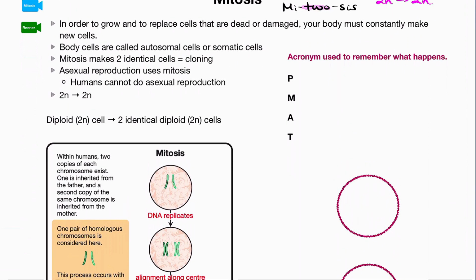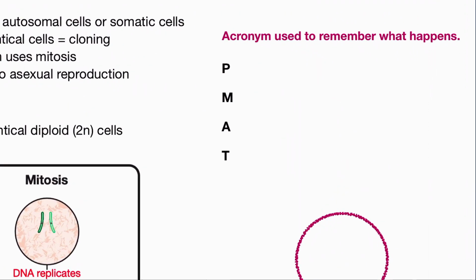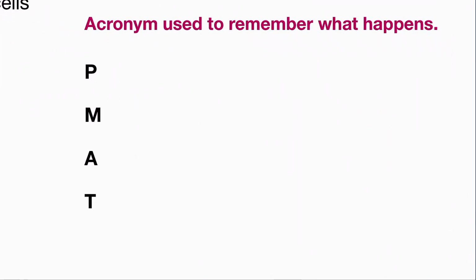So what do we have to know? Well, we don't actually need to know the phases like in Biology 30, prophase, metaphase, anaphase, telophase, but it could still help. So the first phase is going to be the preparation. We're going to make a bunch of enzymes to make everything happen, to regulate all these processes, to help the reactions occur. We have to get rid of the nucleus, stuff like that.